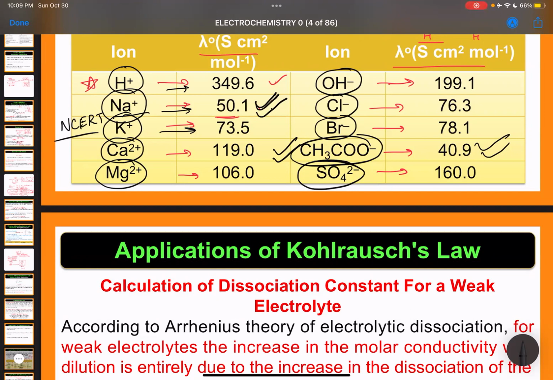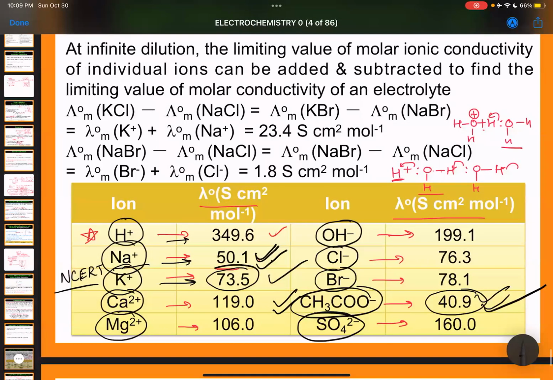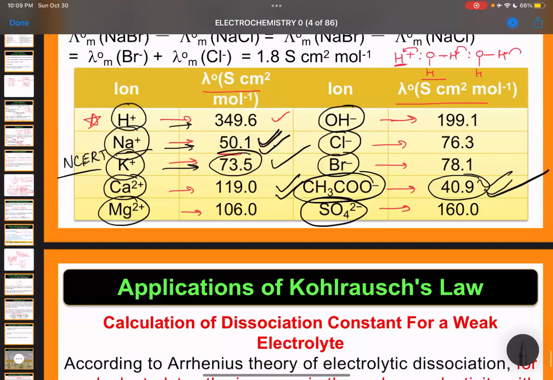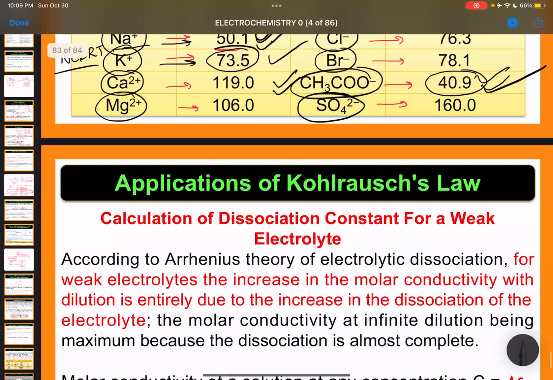Potassium acetate is going to break into acetate ion and potassium ion, and you write small lambda not K plus plus small lambda not acetate ion. So you add them together: 40.9 plus 73.5. So it's very easy. It makes your life very easy. You can calculate the molar conductance of any electrolyte.